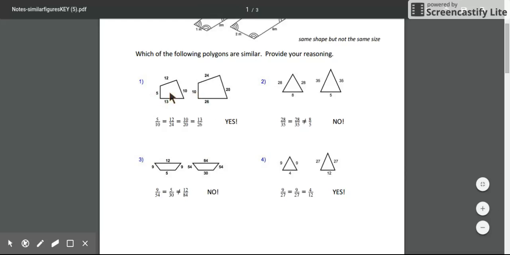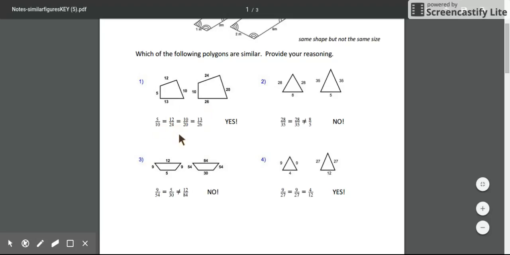I'm going to start by comparing the two left sides of this shape. So I'm going to set up a ratio saying 5:10 and then work my way around the shape. We got to compare all of the sides. So let's compare the tops and set up a ratio equal to 12:24. Compare the right sides, that would be a 10:20. And then the bottoms, that would be a 13:26.